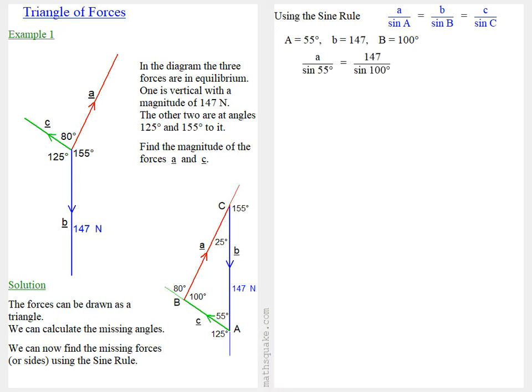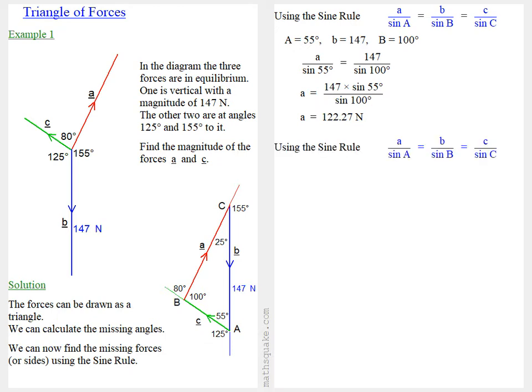So, A over sine 55 equals 147 over sine 100, and if we multiply both sides by sine 55, we have A is equal to 147 sine 55 over sine 100. And that works out to be A is 122.27 newtons.